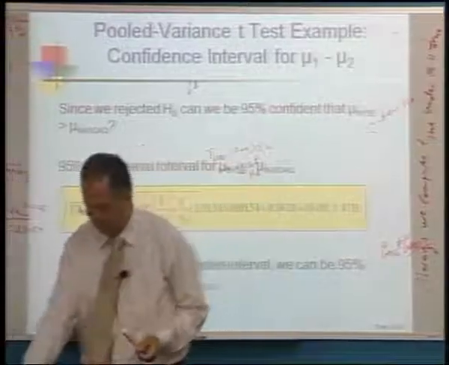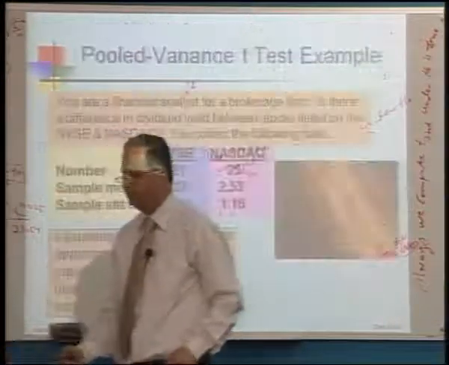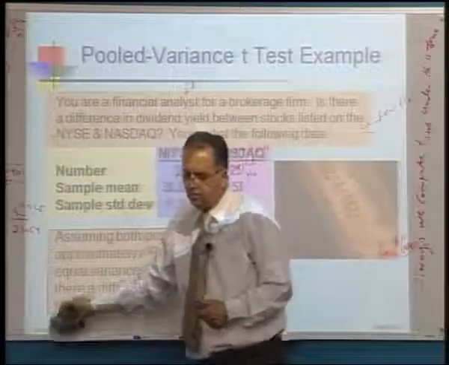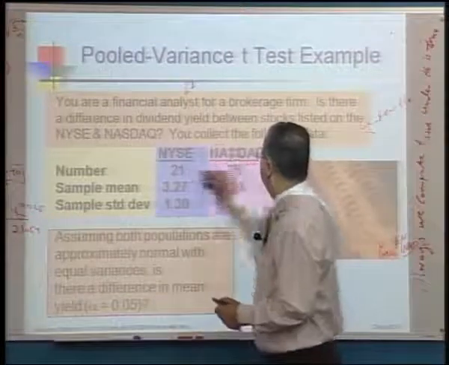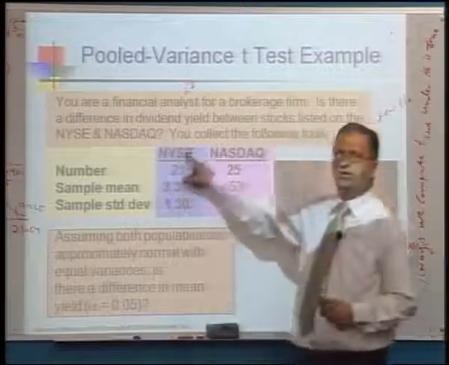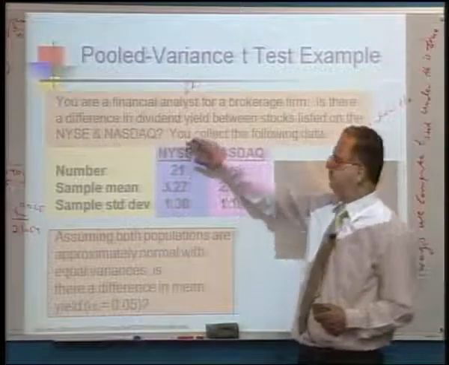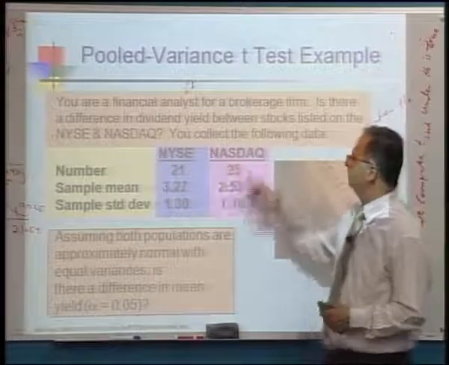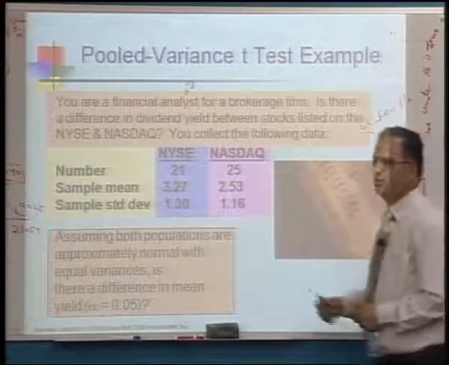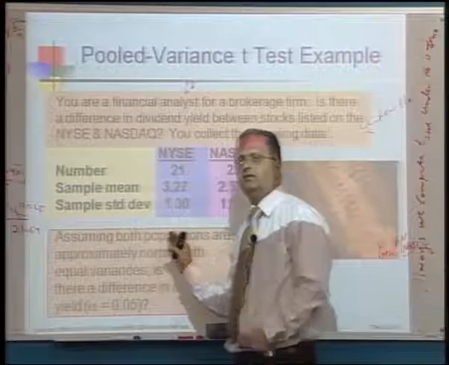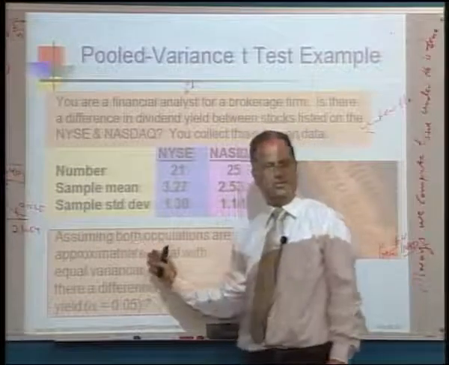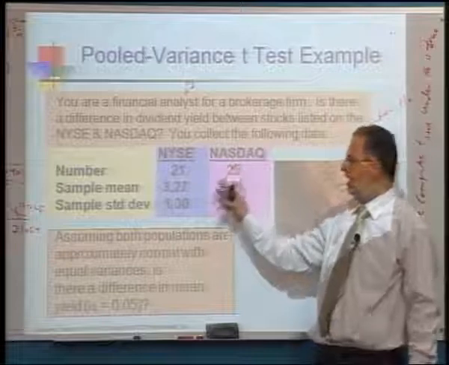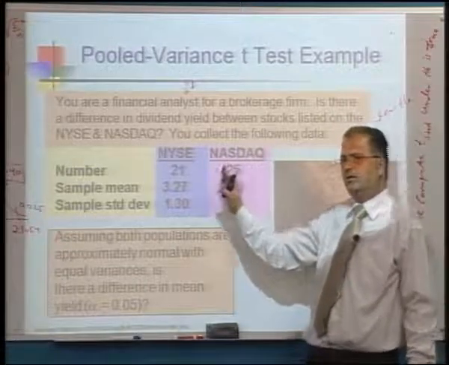So one more time. We have data for the New York Stock Exchange with this information, and for Nasdaq. We are assuming here populations are normally distributed because the sample sizes are less than 30, and we assume sigmas are unknown, but they are equal.